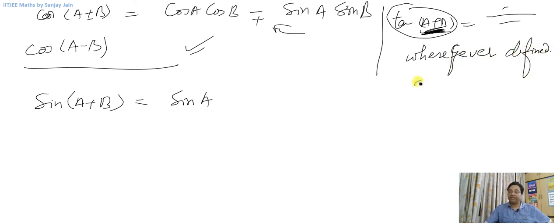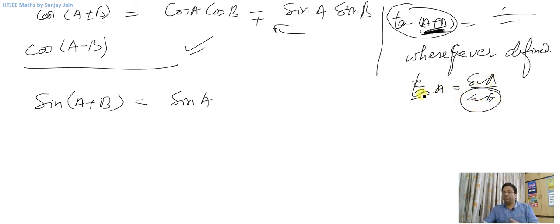For example, tan a is not defined at odd multiples of pi by 2, right? We know tan a is equal to sin a by cos a, and when the denominator is 0, it is not defined. And when is cos of an angle 0? Odd multiples of pi by 2. So this formula is not defined when a plus b is an odd multiple of pi by 2.